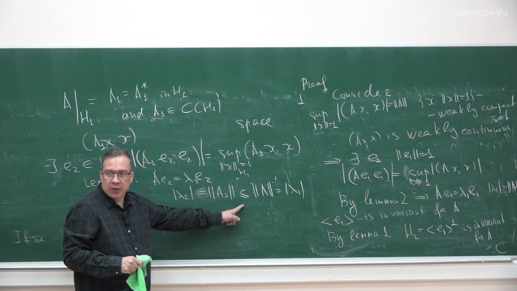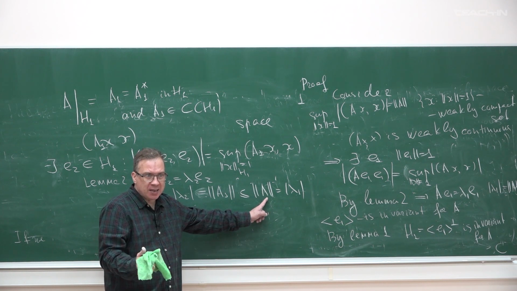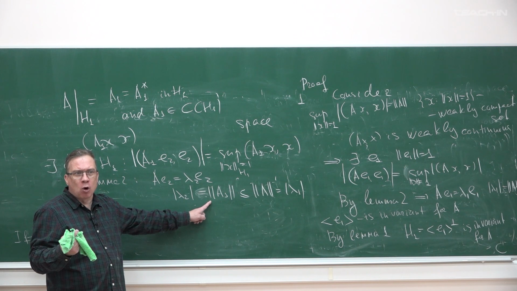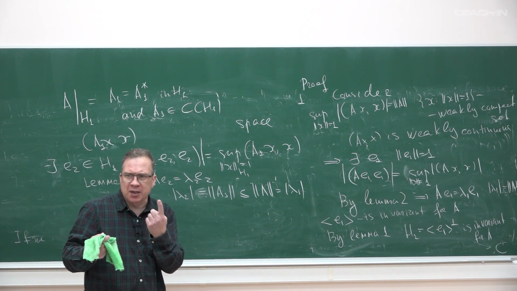Is it clear why it is less or equal? Because the first is a supremum over the whole space, and this is a supremum on the orthogonal complement to a one-dimensional subspace, so in a space with one-dimensional defect.